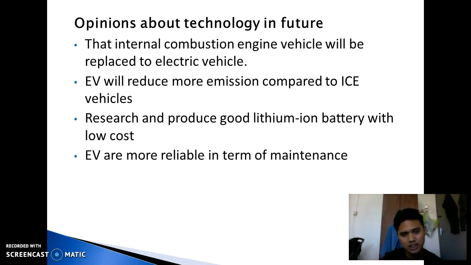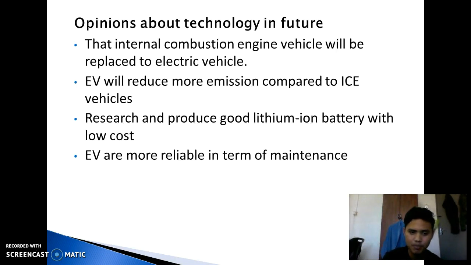So they did some research and produced a good lithium-ion battery at low cost. They have already opened their second gigafactory that produces this battery in China, I think. Besides, they already have one in the US.